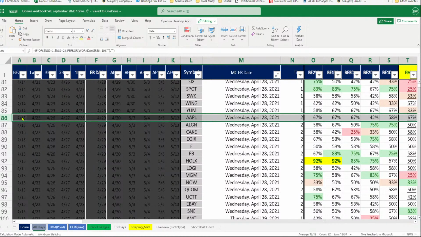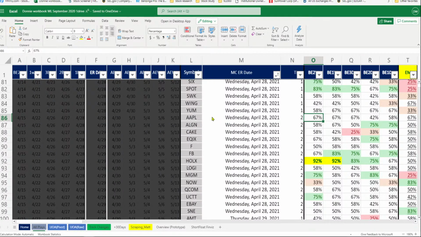So 2 weeks out, right? Minus 10 days is the 15th, which was Thursday. And you can see Apple's stats are just 67% across the board. And so we probably do get a push into earnings, and then we have an event this week. Paco, didn't you post that about the event this week?